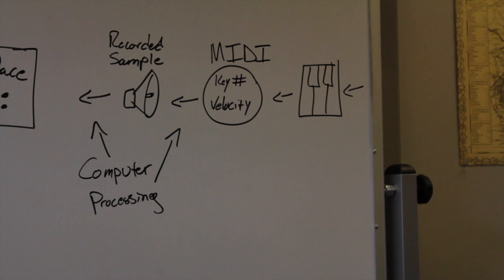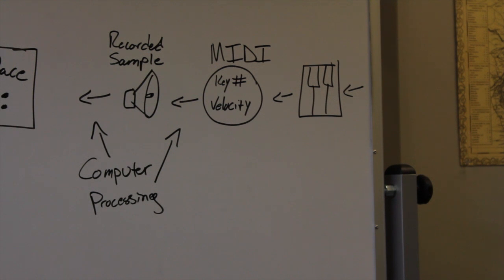MIDI is just a form of data transmission, which has just got 2 numbers in it, right? So it'll have a key number, so if you press middle C, I think it's key number 63, and it will have a velocity, and that velocity can go anywhere from 0 to 127. Why 127? I have no idea. I guess it's better than 100.